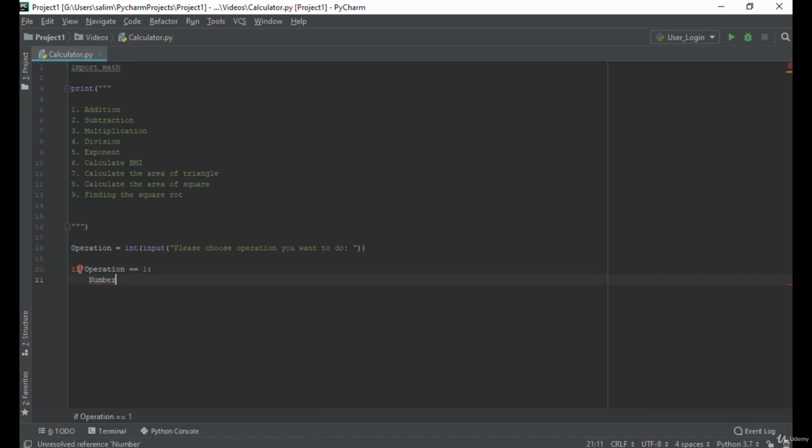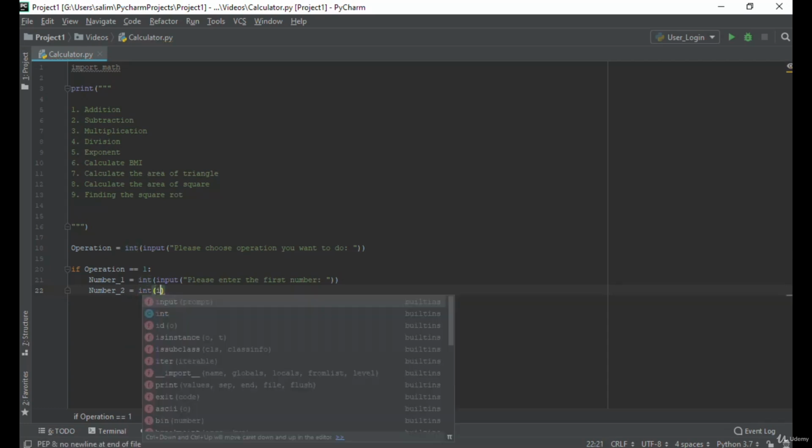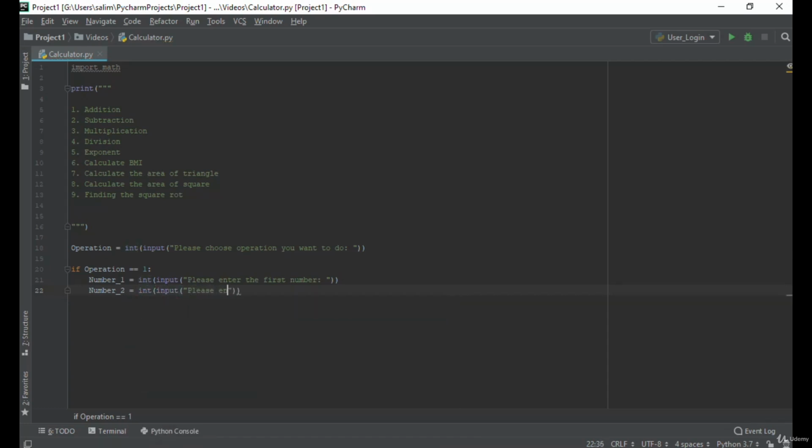Create two different variables named number1 and number2. Ask for the value to be entered by the user. Print number1 plus number2.